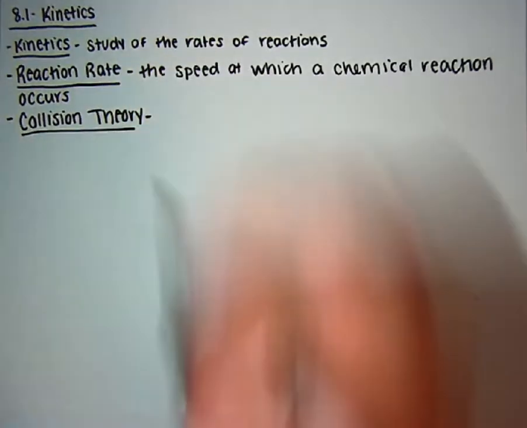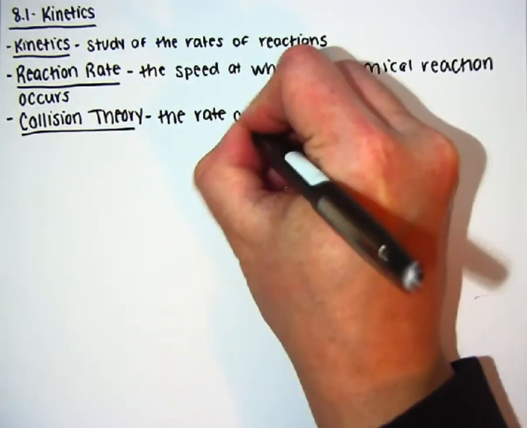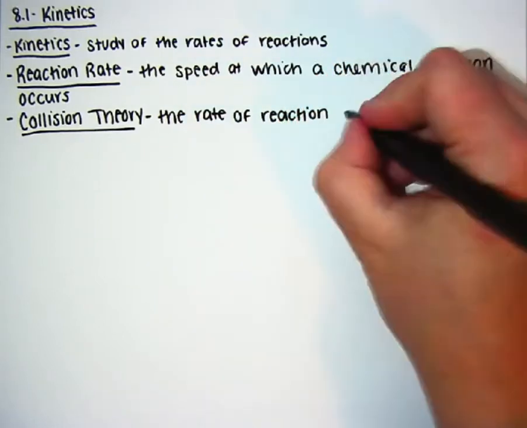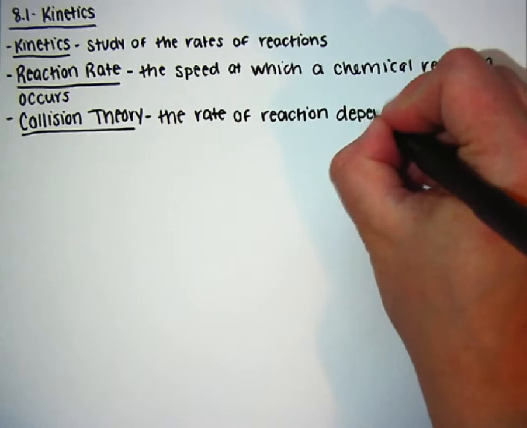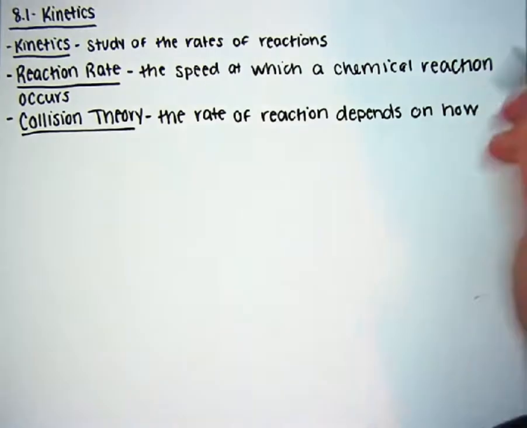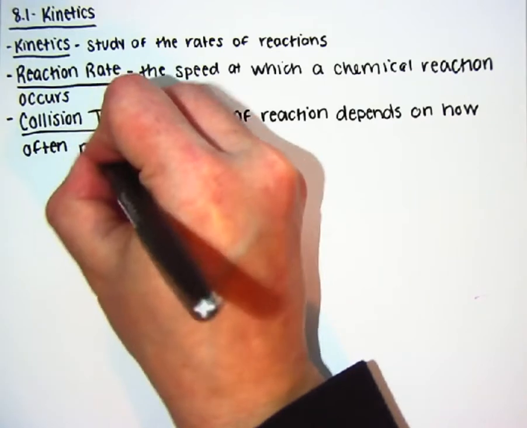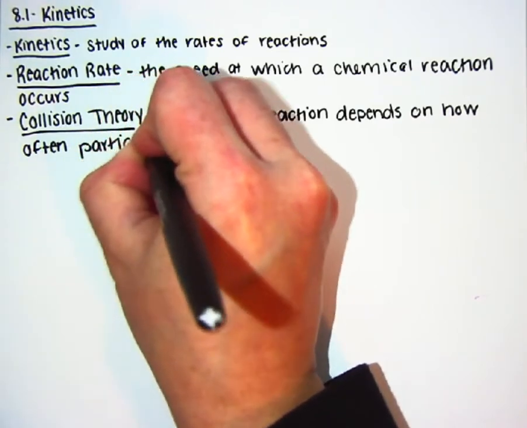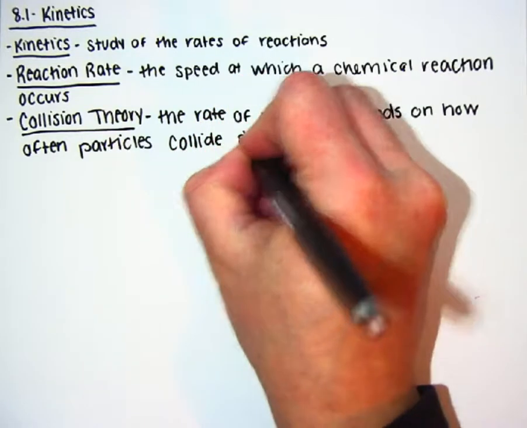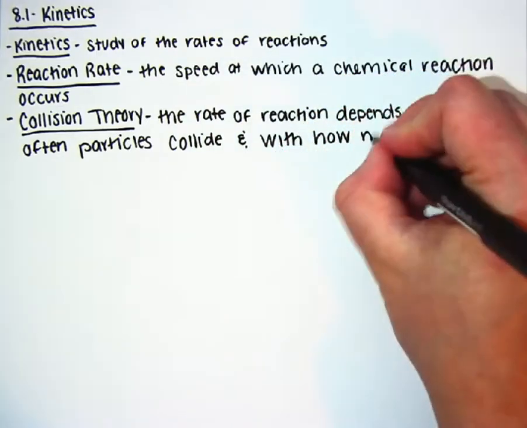Collision theory. Collision theory states the rate of reaction depends on how often particles collide and with how much energy.